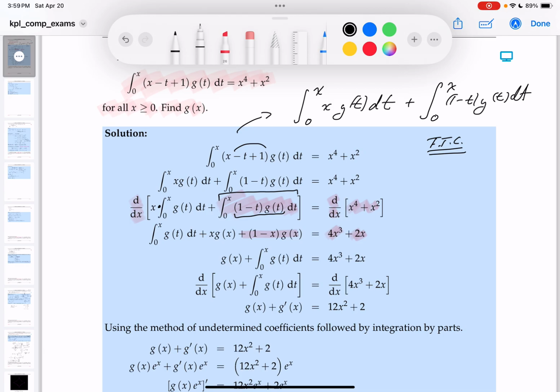It's going to be the derivative of x, which is 1, times the integral from 0 to x of g(t) dt, plus the first function, x, times the derivative of that integral, which is just going to be g of x. Now, where's this written down? I see this here, and then I see this over here.